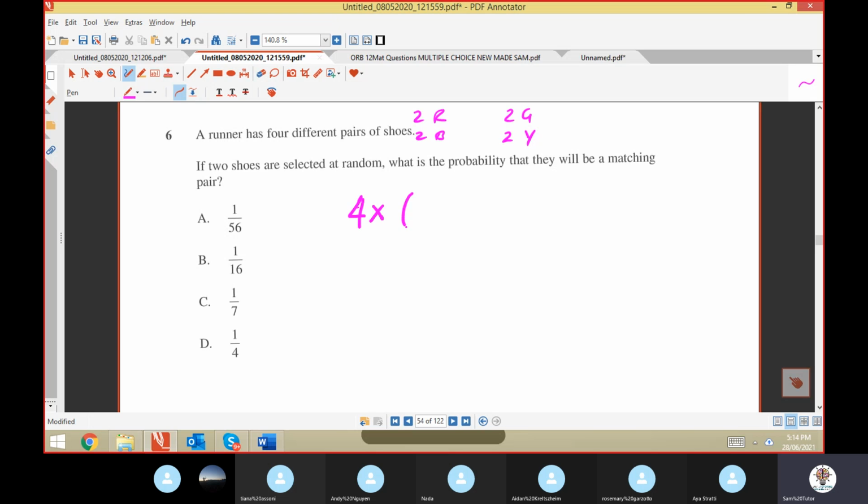It's 4 times, obviously them being the same. So pick. What would be the math? Come on. Tiana, you want to give it a shot? Would it be 4 times 2 on 8? 2 on 8. Oh, good try. No.